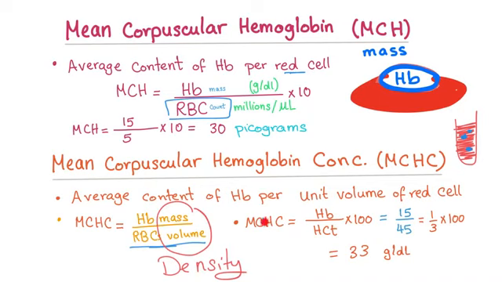Okay, so MCHC, to calculate it, we use an equation, hemoglobin over the hematocrit, because the RBC volume, okay, with respect to the plasma volume is called hematocrit, times 100. We get 15, the normal hemoglobin, over 45, the normal hematocrit, we get 1/3 times 100 is around 33 gram per deciliter. So the normal MCH is around 30. The normal MCHC is around 33. They're very close. You can remember 30 or 32 and you'll be good.